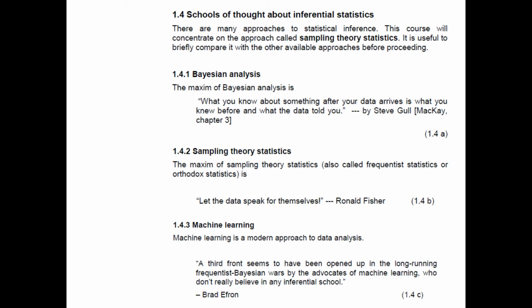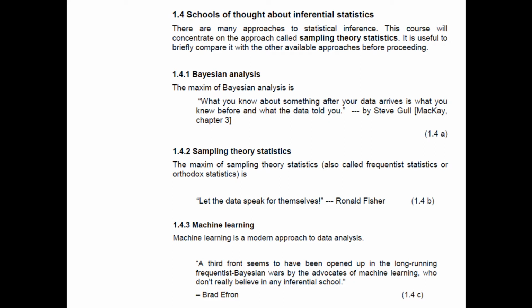The second school of thought is sampling theory statistics. The maxim for this field is certainly Ronald Fisher's statement, "Let the data speak for themselves." The idea is that what you knew before the data arrive should not really be colouring the conclusions that you're drawing, because you should try to find some way to be as objective as possible. That's sampling theory statistics, also called frequentist statistics or orthodox statistics.